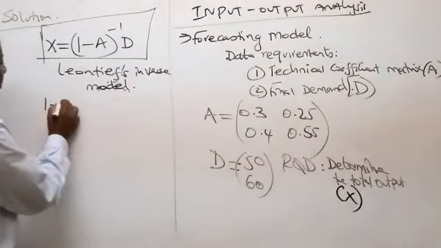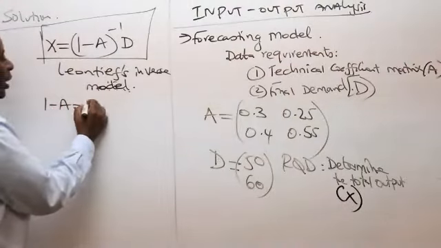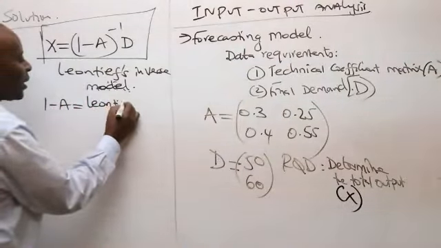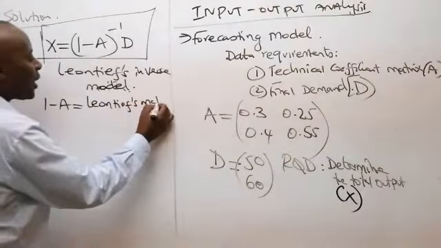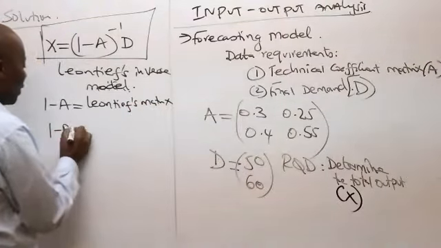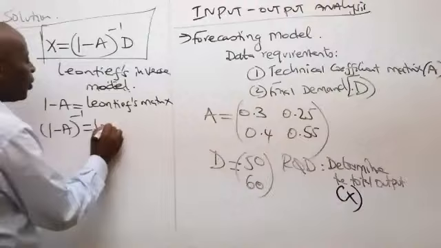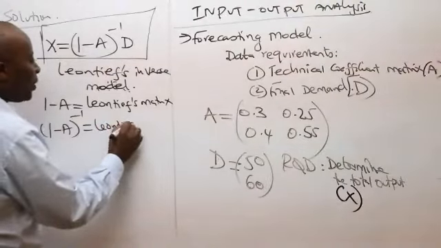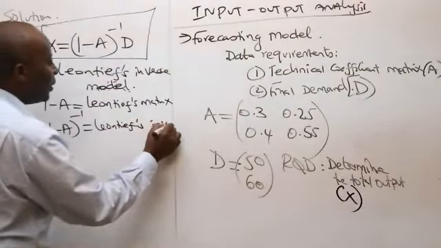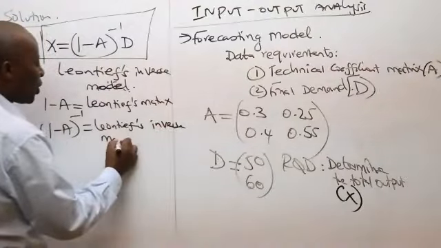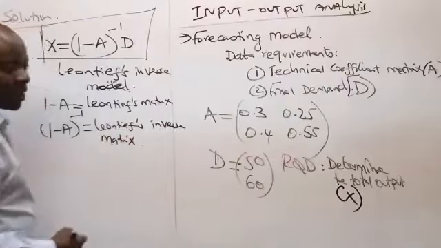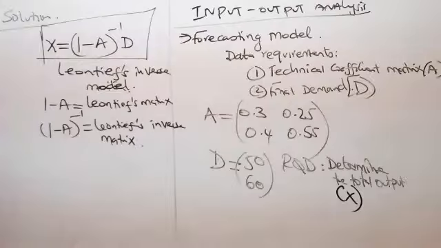It is this I minus A that we call the Leontief's matrix. And then we have I minus A inverse, which is the Leontief's inverse matrix.